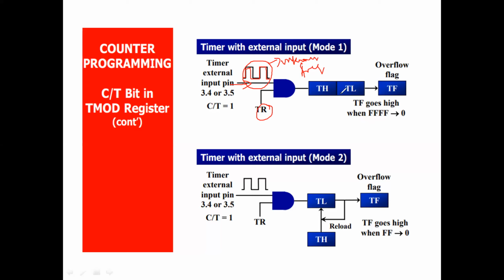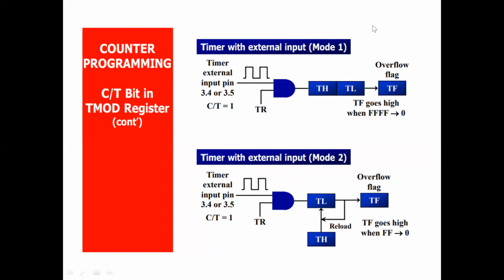Here we place the initial value as 0. From there, it increments to a certain value. If it reaches FF, it will roll over and the flag will be set. It is the same operation, the same for mode 2. The only difference is that we are giving the input to the timer as clock pulses through pin 3.4 or 3.5. This you should understand.